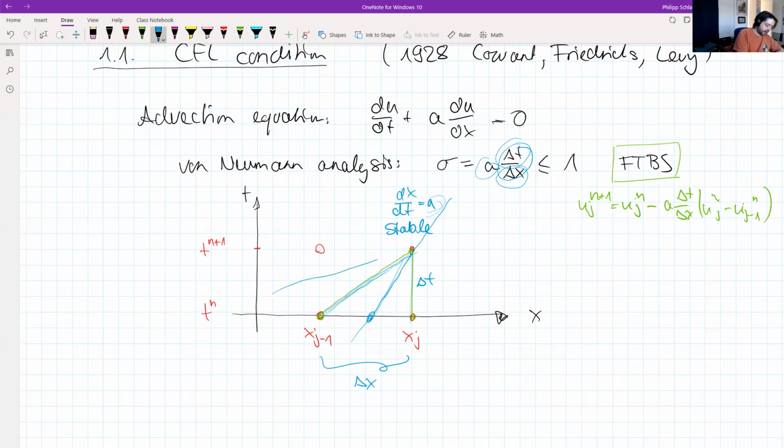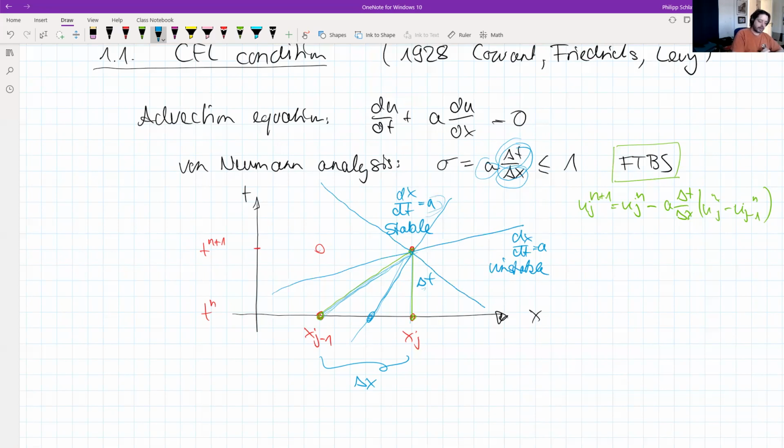So it would be something like this, because then the slope a, again dx over dt, would be outside of the triangle formed by delta t divided by delta x. This would correspond to an unstable situation in the sense of von Neumann analysis. Also unstable, of course, would be if it looked like this. That would also be an unstable situation.